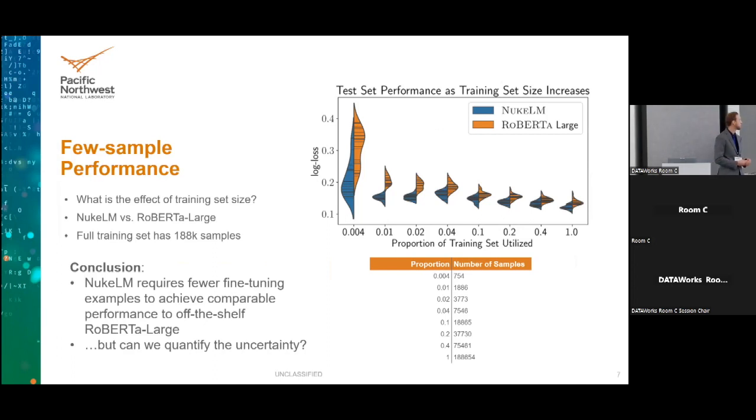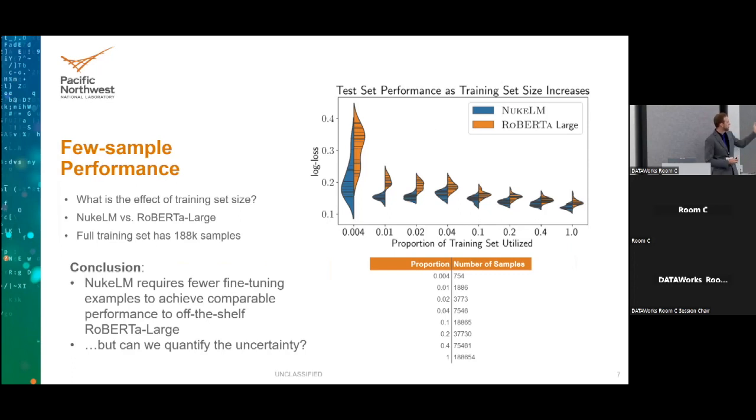So we wanted to see, okay, what else does this process of pre-training and fine-tuning actually provide us? And so we looked at doing the same task, but with a reduced number of samples. So just the fine-tuning task, now we're not giving it the full, or almost 200,000 documents to tune on.